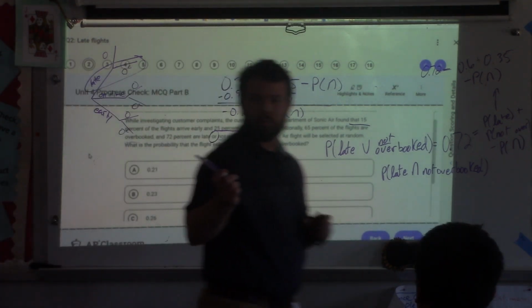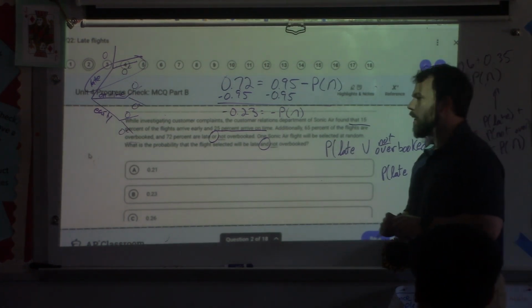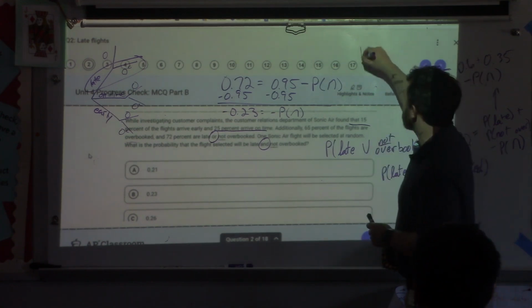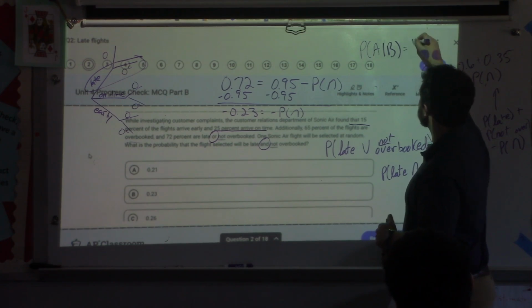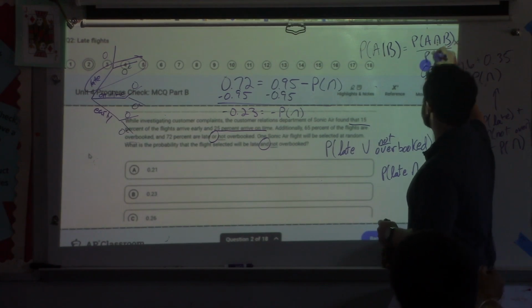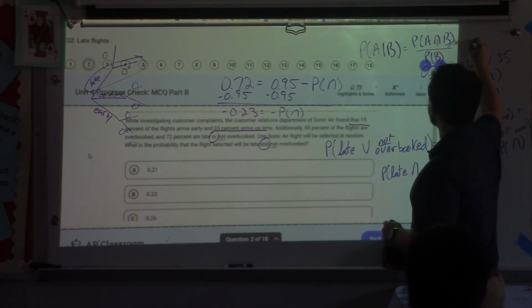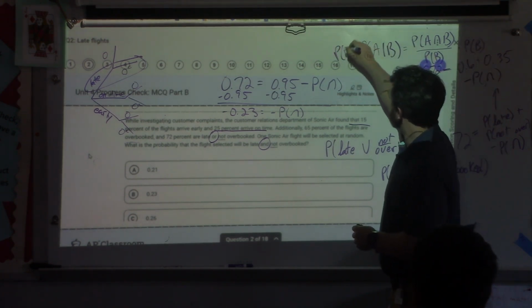Questions? What's the general multiplication thing? Remember, it's just built off of the conditional probability. So the probability of A given B is equal to the probability of A and B divided by the probability of B. If I multiply both sides by the probability of B, see how we're multiplying there, Serena?